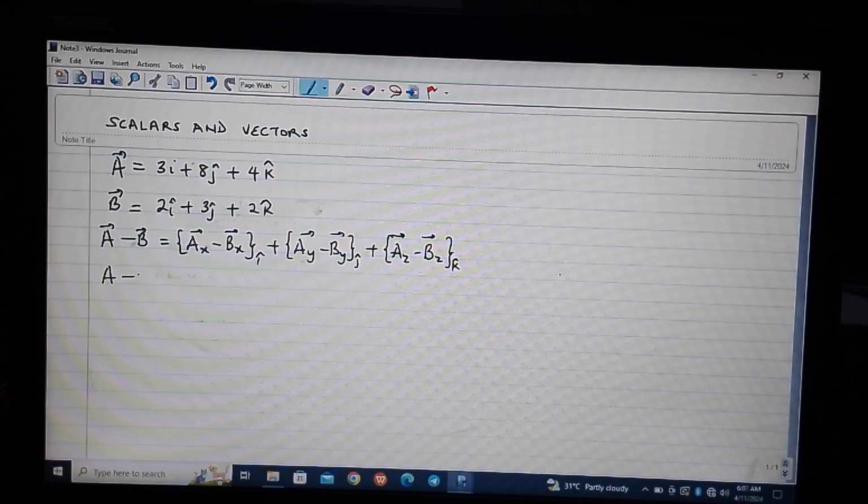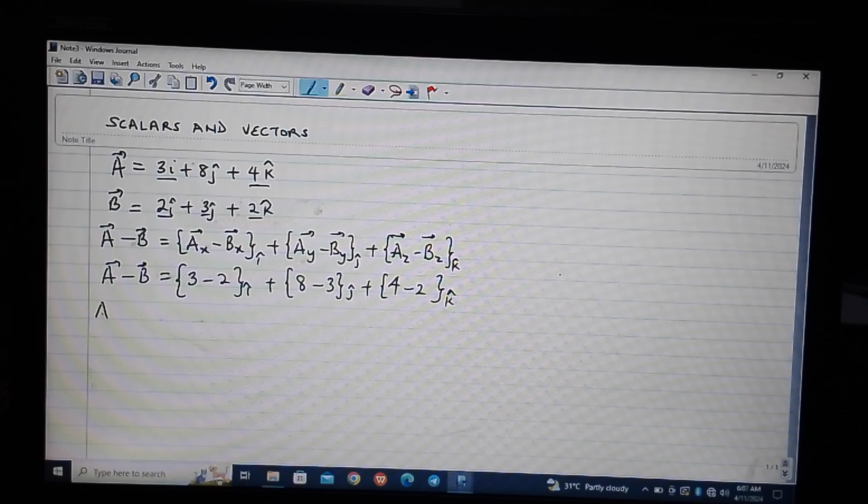So that A minus B will be equal to AX is 3, so we say 3, BX is 2, minus 2 i plus AY is 8, put 8 there, BY is 3, so we say minus 3, j plus AZ is 4, BZ is 2, we have k.